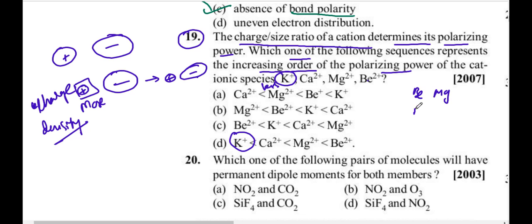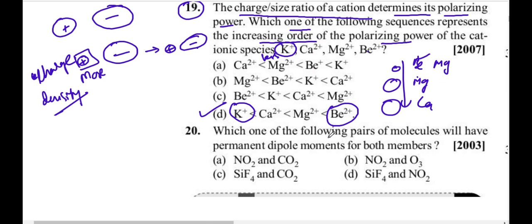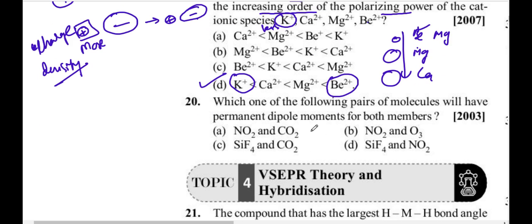See, beryllium, magnesium, calcium. Down the group atomic size increasing. So smaller size, more charge. Charge density is more for beryllium. Beryllium should be higher. Of course, beryllium should be higher. So direct answer D. Okay, beryllium plus 2 polarizes faster or more effectively.